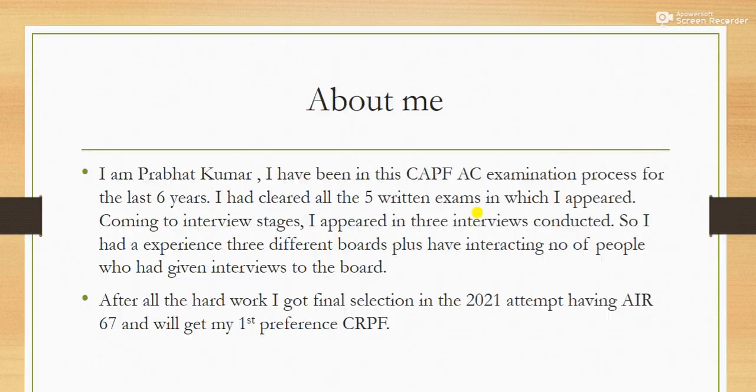Okay, so let's start. Before that, let me tell you why I am so confident to run this program, because I have been in this process for the last 6 years. I had cleared 5 written exams, due to which I got a chance to give interviews 3 times in 2019, 20 and 21, and I was also eligible for 2022, but I agreed with the mail of UPSC to disqualify me for the 2022 attempt.